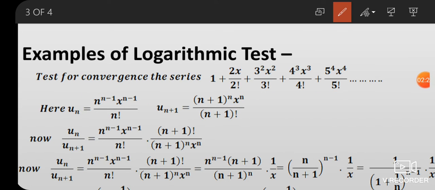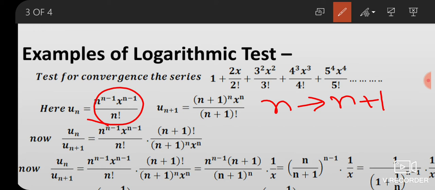Now replace n by n plus 1 in this sequence, and we find un plus 1 equal to n plus 1 to the power n, x to the power n, upon n plus 1 factorial. Now take un upon un plus 1, and put in the values of un and un plus 1.